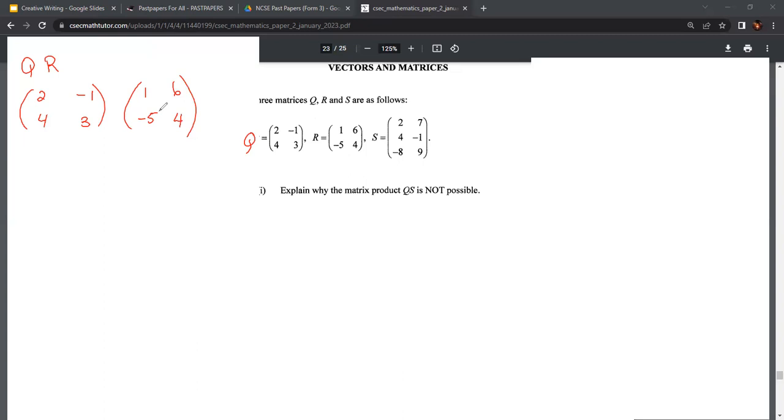I'll work it with you guys. So I go in first row, first column. You check your compatibility. The two inner are the same, so you can work it.